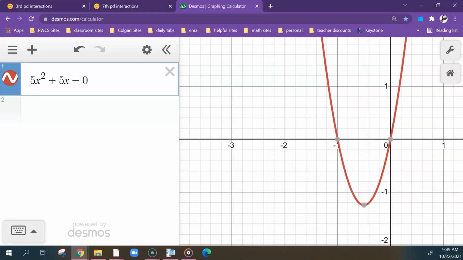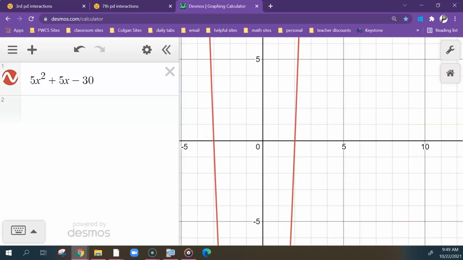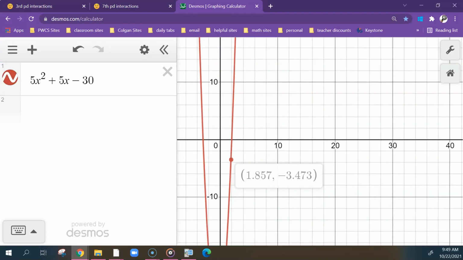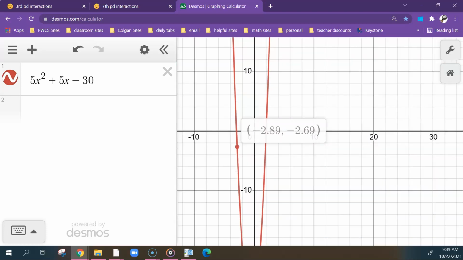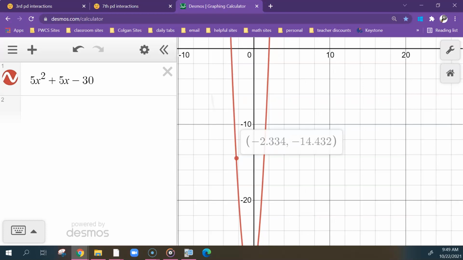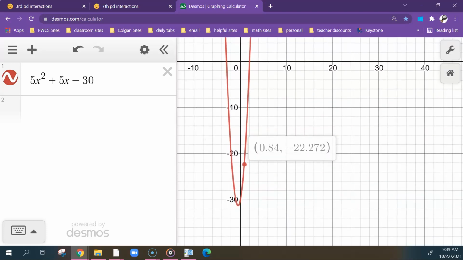I did. Thanks. Okay. I just want to zoom in just a little bit. Okay. So you may need to move your graph so you can see the y-intercept.